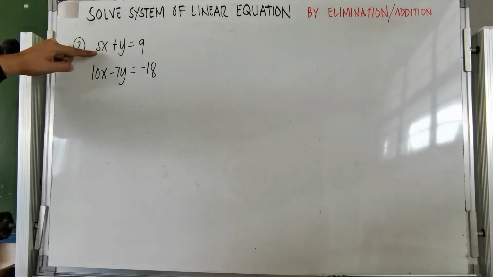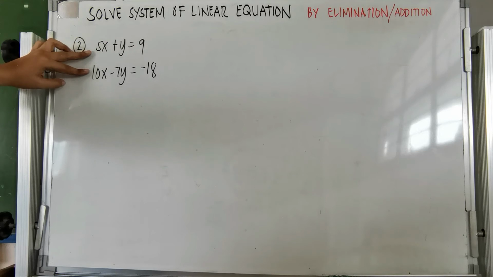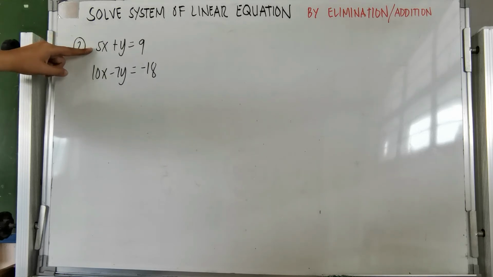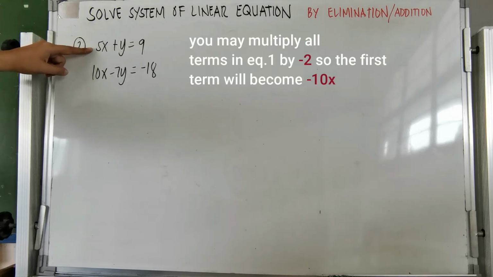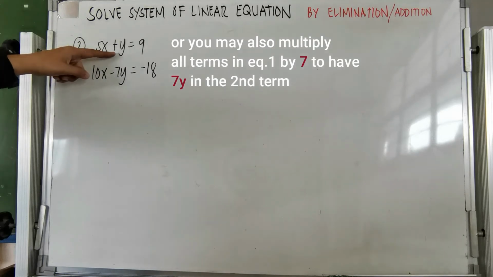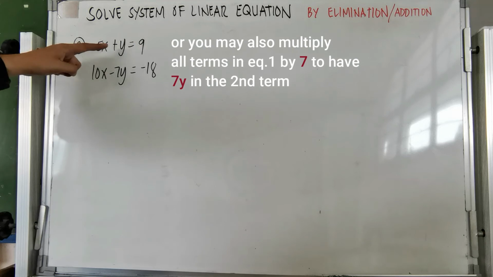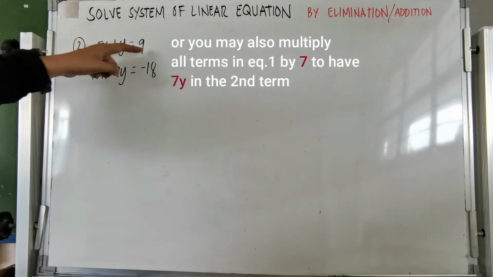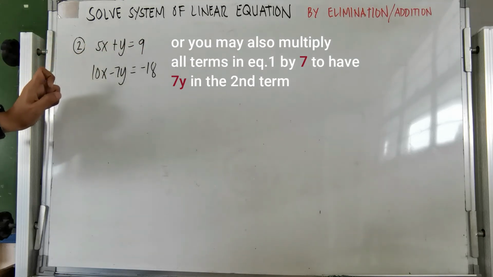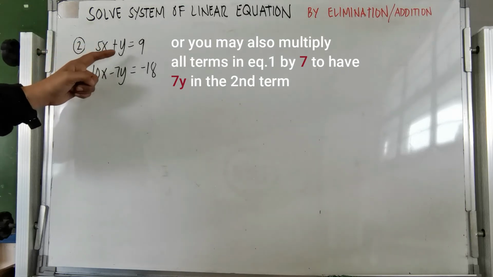If this is 5x and this is 10x, so pwede nating i-multiply yung first term sa negative 2 para ang maging sagot natin dito ay negative 10. So, if we have y and negative 7y, pwede rin naman na i-multiply natin yung lahat ng terms natin sa positive 7 para ang maging middle term natin ay 7y.